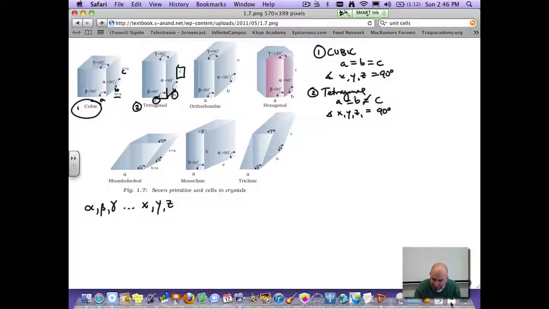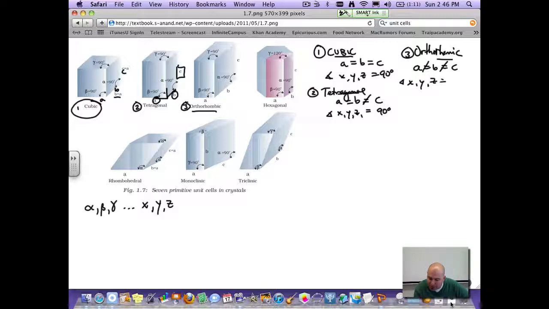The third type is the orthorhombic. Okay? Orthorhombic. These are the different unit cells. An orthorhombic, A, B, and C are not equal to each other. Okay, all the angles are still 90.